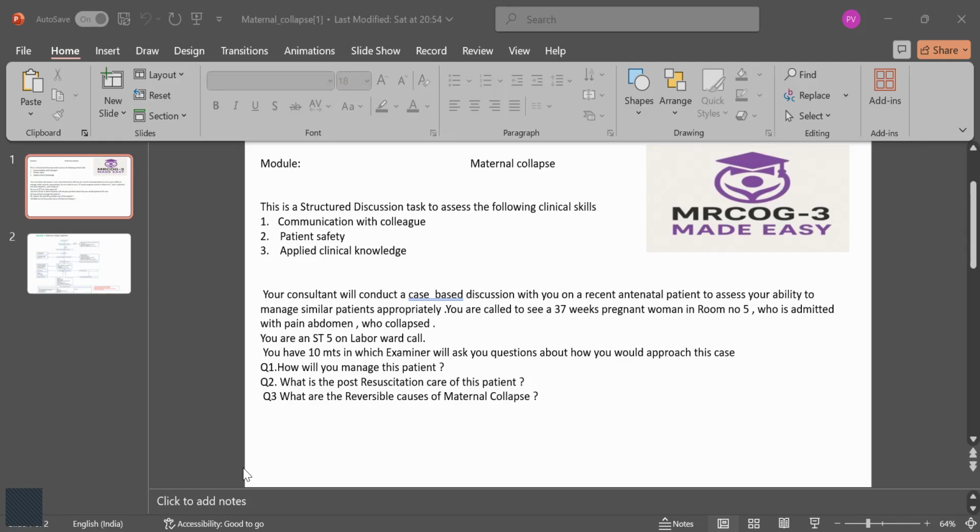We do come across such cases in our daily practice when we keep taking rounds. Suddenly, one patient collapses in the room. So how do you manage? It is a very important station, not only from the examination point of view, but also for your management in that type of setting.